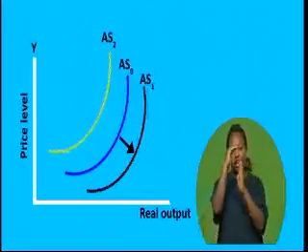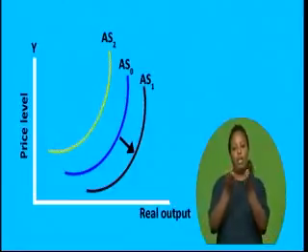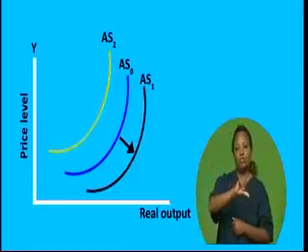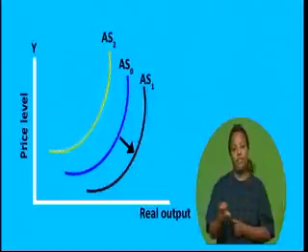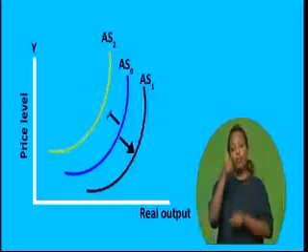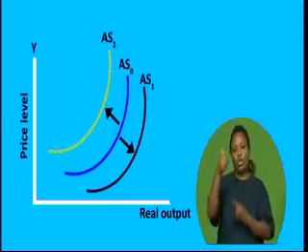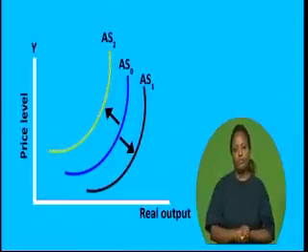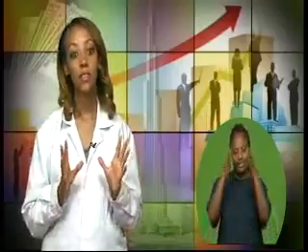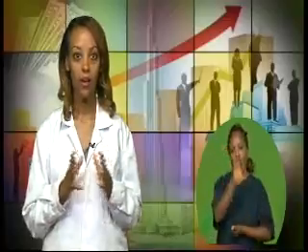Conversely, a decrease in aggregate supply is explained by a leftward shift of the curve, that is, a shift from AS0 to AS2. Students, from the discussion we had, we've seen that the determinants of aggregate supply are those factors that determine the location of the aggregate supply curve.